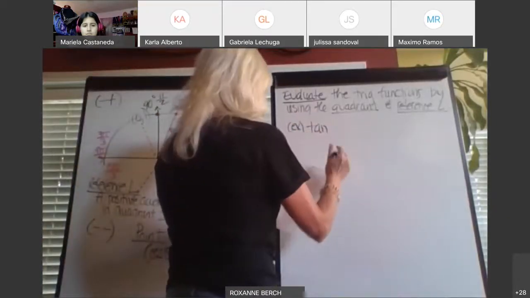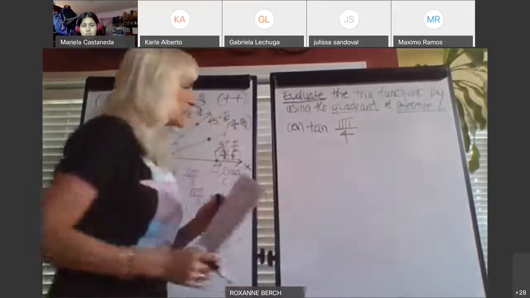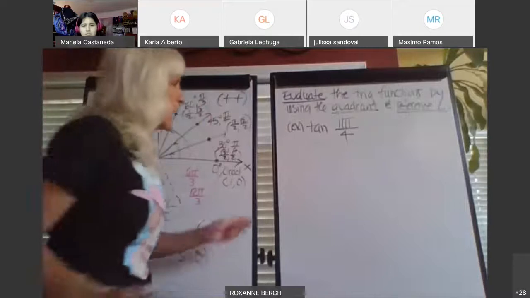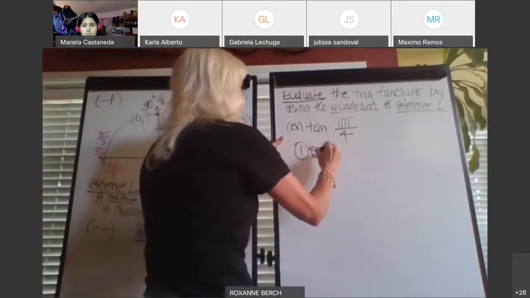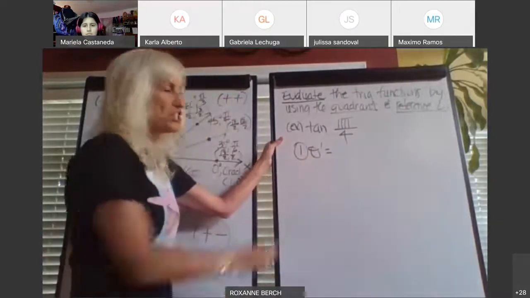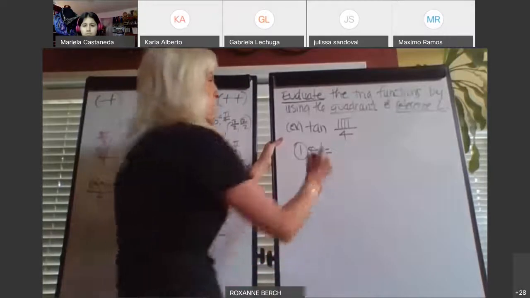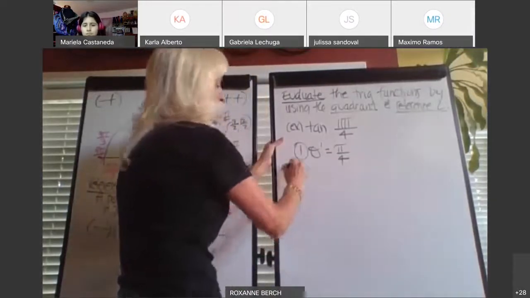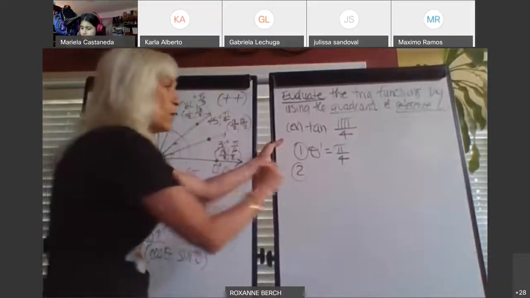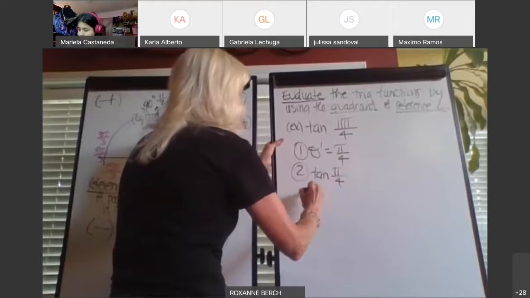So, tangent of 11 pi over 4. All right, let's find the reference angle. Like I said, we can cheat and look at the denominator. If the denominator is 4, we know the reference angle is pi over 4. That's easy, right? Now we're going to evaluate tangent of pi over 4, the reference angle.